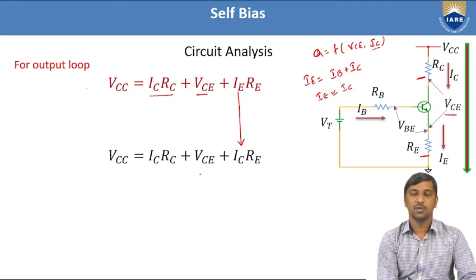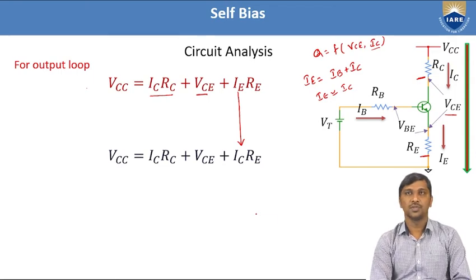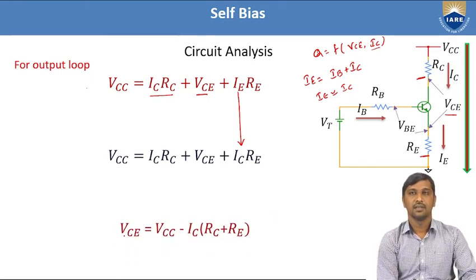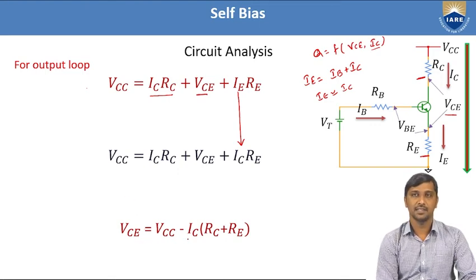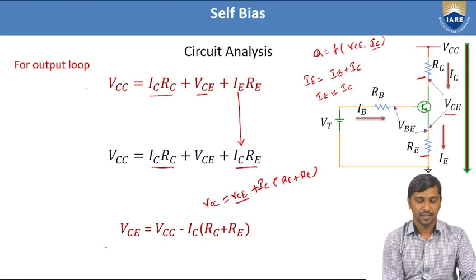Now from this, we need to calculate the VCE parameter. From this relation, if IC is common, that is RC plus RE, then VCE equals VCC minus IC times RC plus RE.